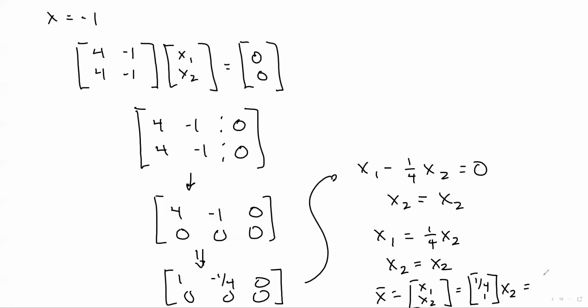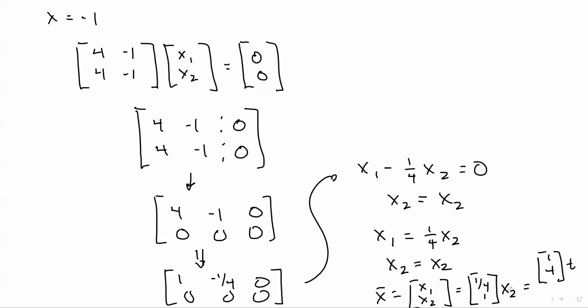All right, and then there's one more little trick we can do here. Since x2 could be anything, we could multiply by 4 and turn this into [1, 4], and then you could maybe use a different letter for that point, since we've taken x2 times 4. So it's still going to be all multiples of [1, 4], but it looks a little janky if you use x2 in both of these spots.